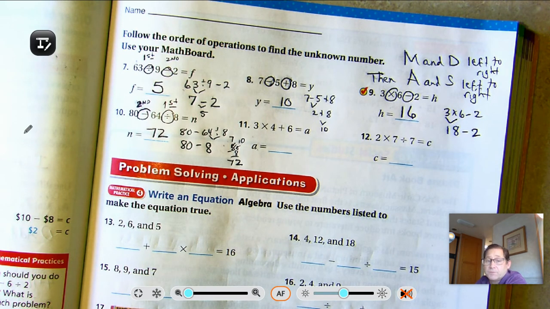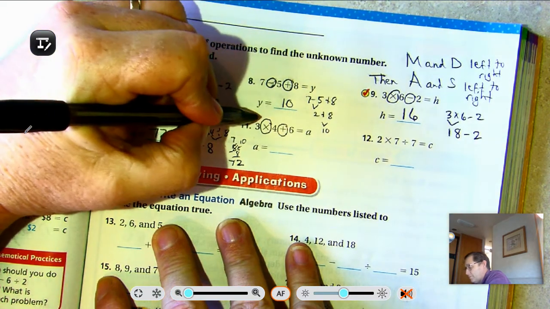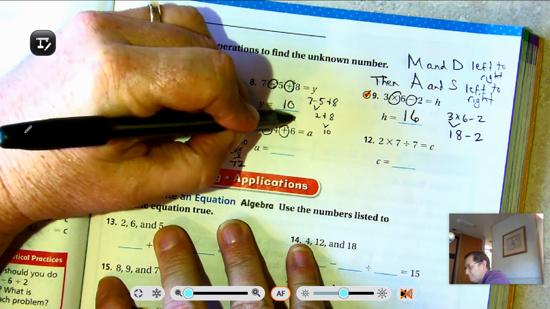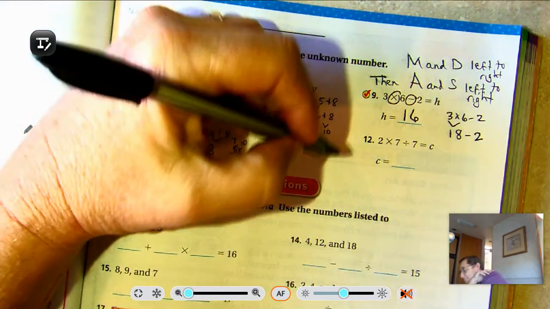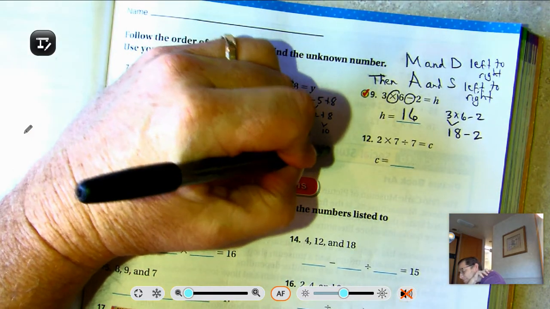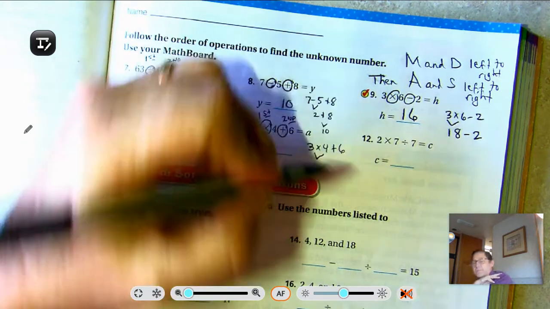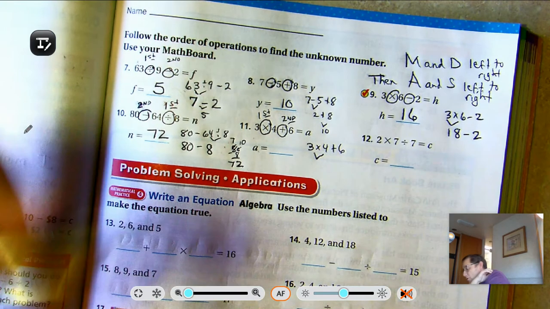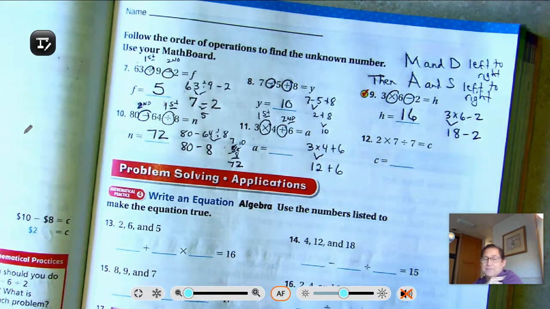Number 11, multiplication and addition. Well, multiplication is above addition, so we're going to multiply first, then add. So 3 times 4, 3 sets of 4. 4 times 1 is 4, 4 times 2 is 8, 4 times 3 is 12. 12, now we're going to add the 6.